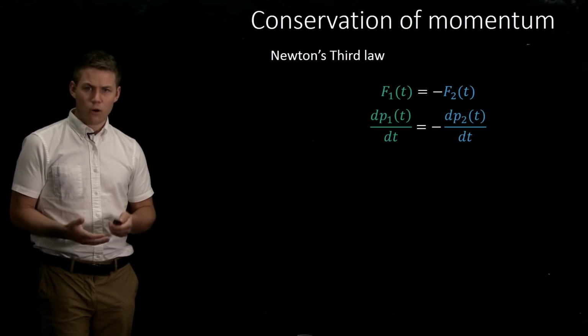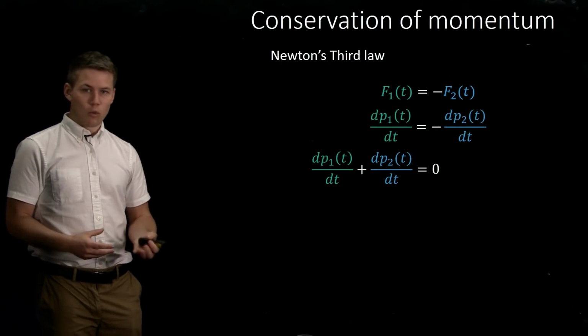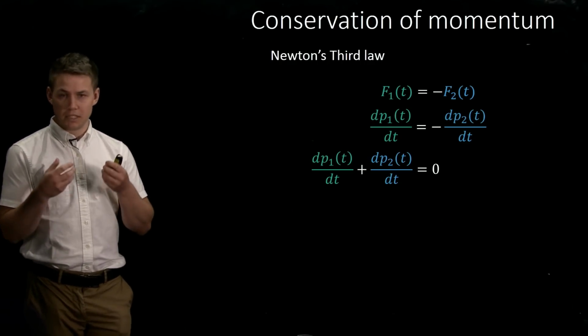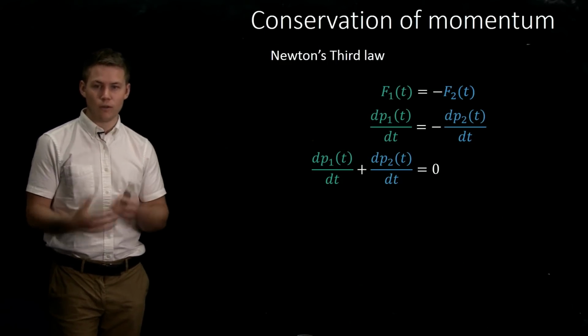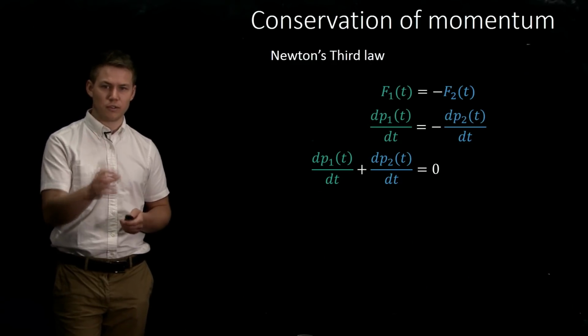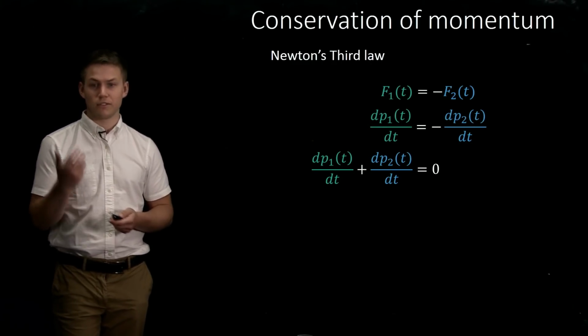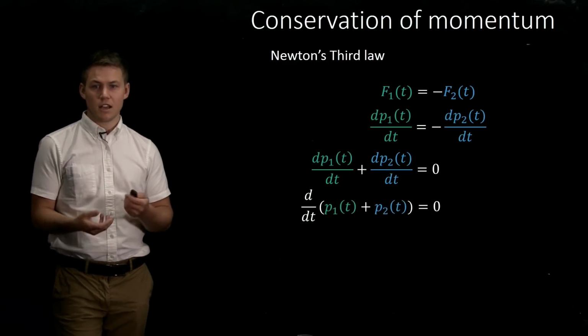Now we play a slightly different game. We move the derivative of the momentum on the right-hand side over to the left-hand side. Now we have a derivative plus another derivative of something else, and those two derivatives are both of time. So we can factorize this as such.